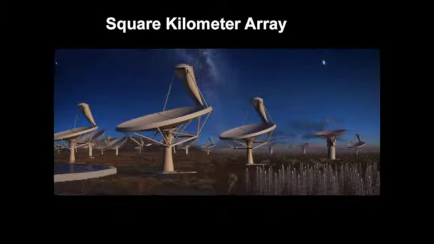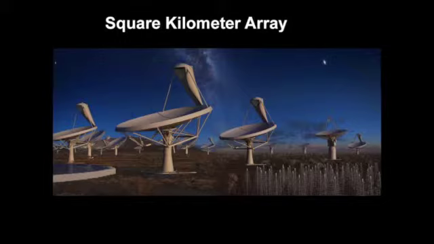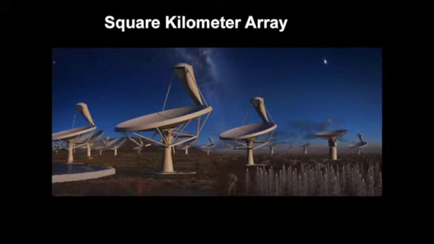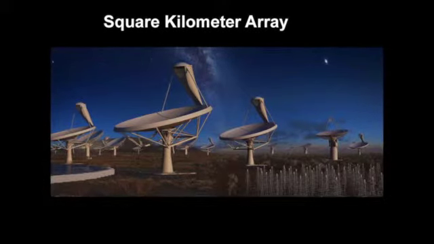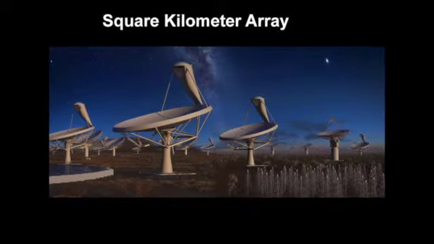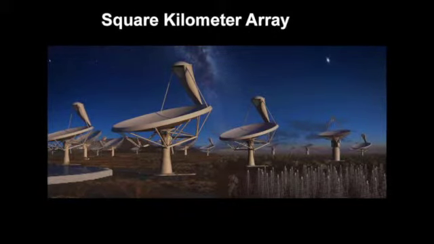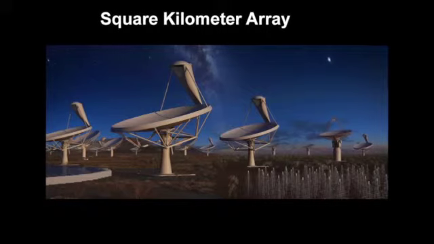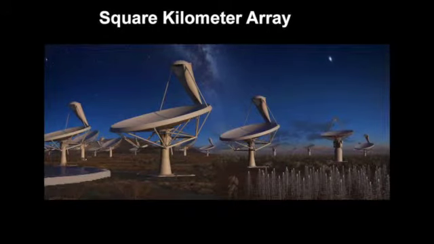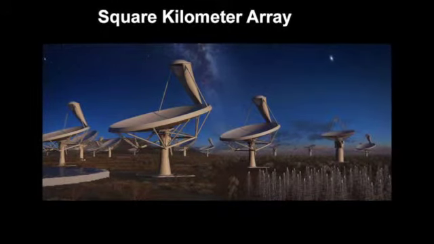The Square Kilometre Array will consist of many different elements. I'm not sure how clearly you can see this one here. That's the low frequency aperture array, and those are really just dipole antennas scattered over the ground, and they don't actually look like much. The second part is this. This is the dense aperture array.